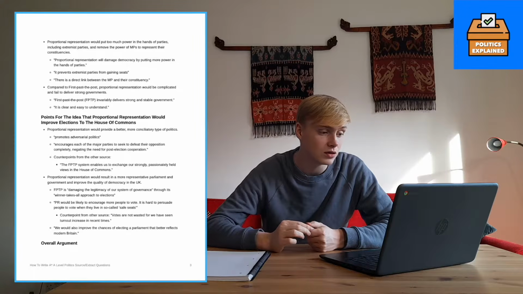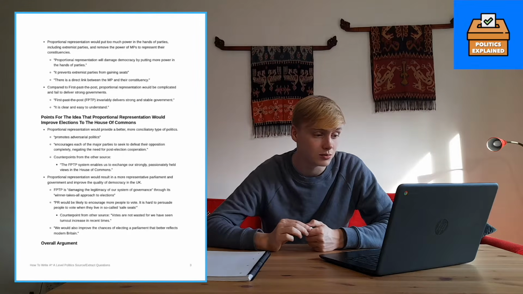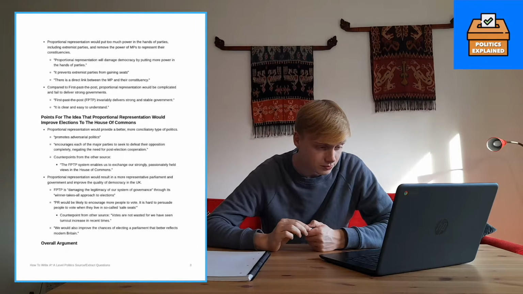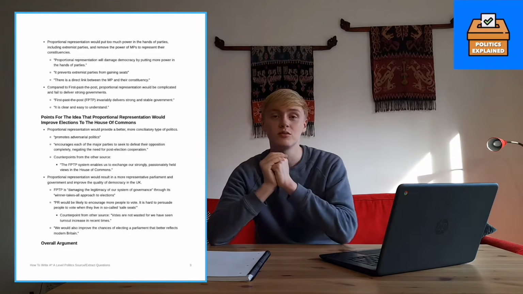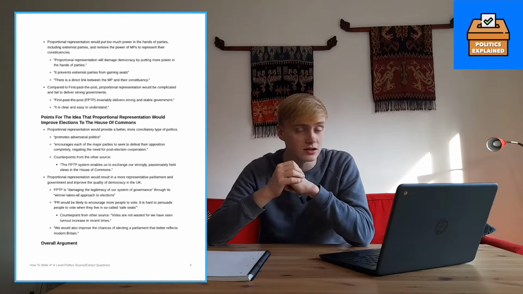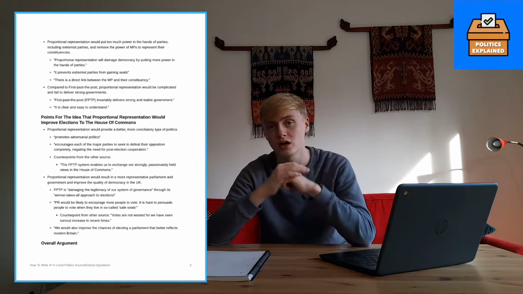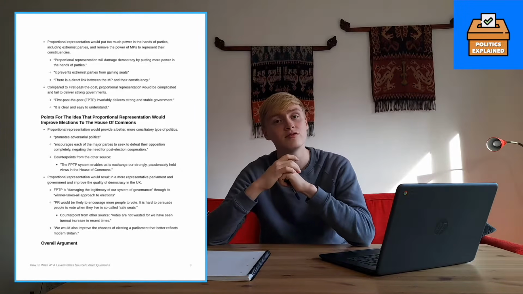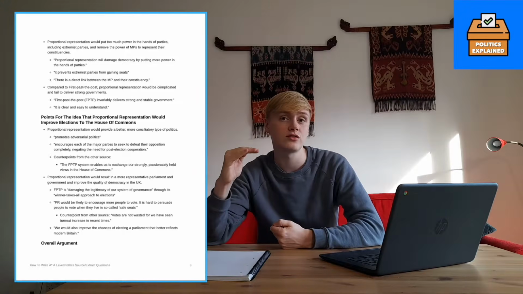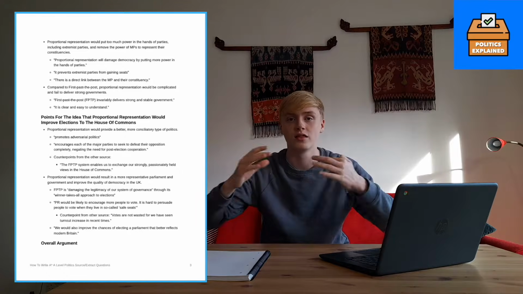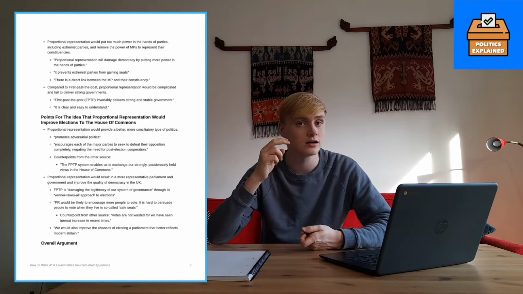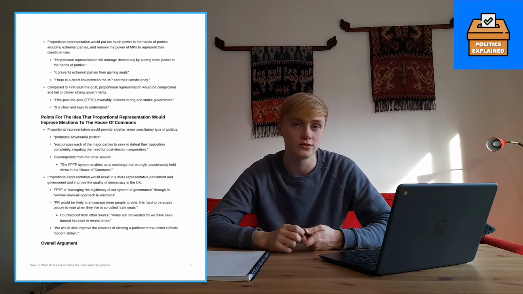And finally, would improve the chance of electing a parliament that better reflects modern Britain. So what I've done there in terms of planning is go through the source, as I said earlier, with two highlighters. It's really useful if you're in an exam, or a pen, whatever works for you, and then find key quotes and points from either side of the source, and then group them for either side of the argument, so that you can get 2 points on one side and 2 points on the other in order to answer the question.